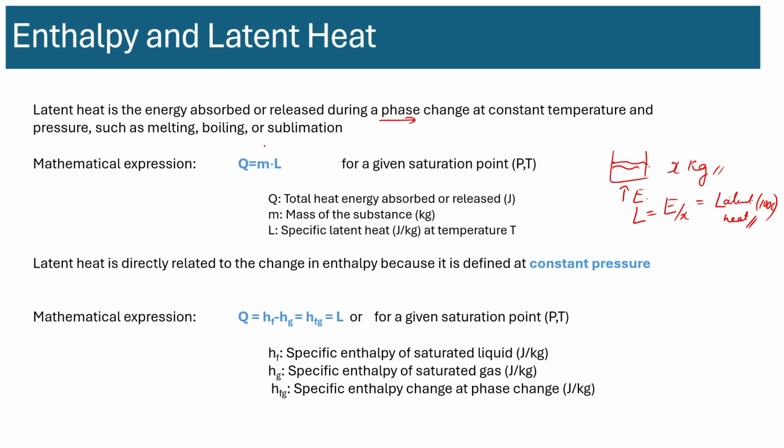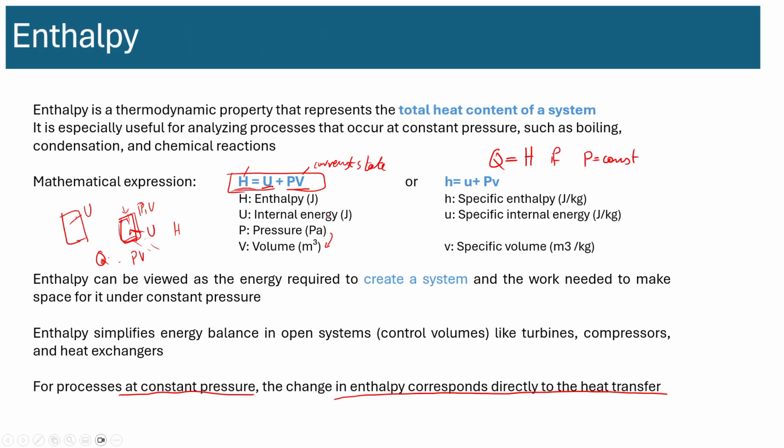One thing to note here is that phase change typically happens at constant temperature and pressure. Examples are melting, boiling, sublimation, etc. So when such a phase change is happening at constant temperature and pressure, what do we know? Enthalpy directly corresponds to heat transfer. So change in heat is equivalent to change in enthalpy.